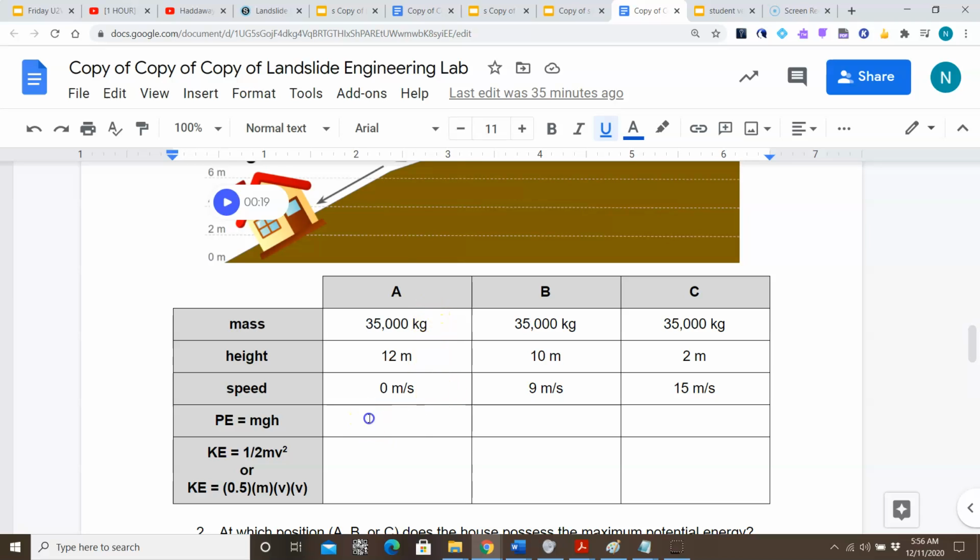All right, so to calculate the potential energy for A, what you need is the mass, G, which is 9.8, and the height. So the potential energy here is going to equal the mass, this number here, 35,000, times G, which is 9.8, and then times the height, which is 12 meters.